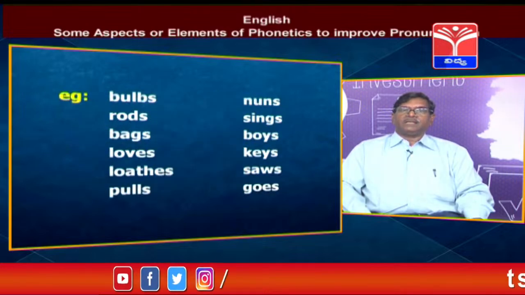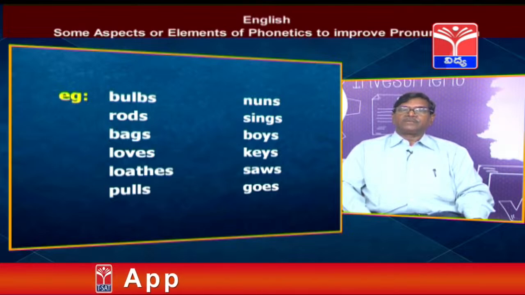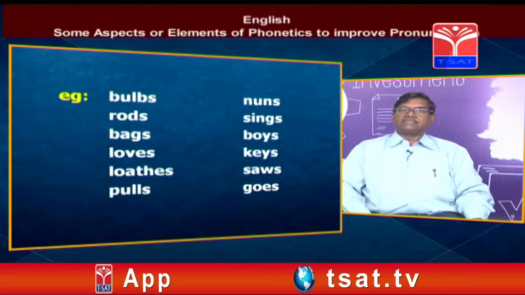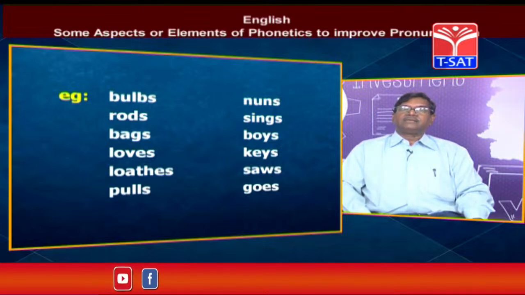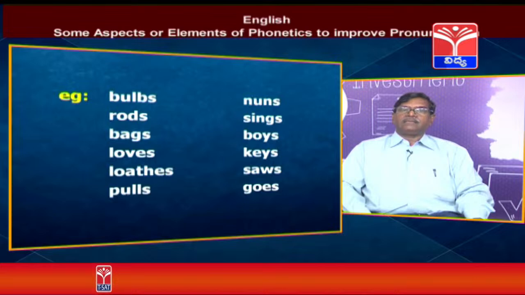For instance, bulb, bulbs, not "bulbs" with an s. Rod, it is ending with d. It is a voiced consonant sound other than z, zh, j. Rod, d. So, rods. Bag, it is ending with the sound g.